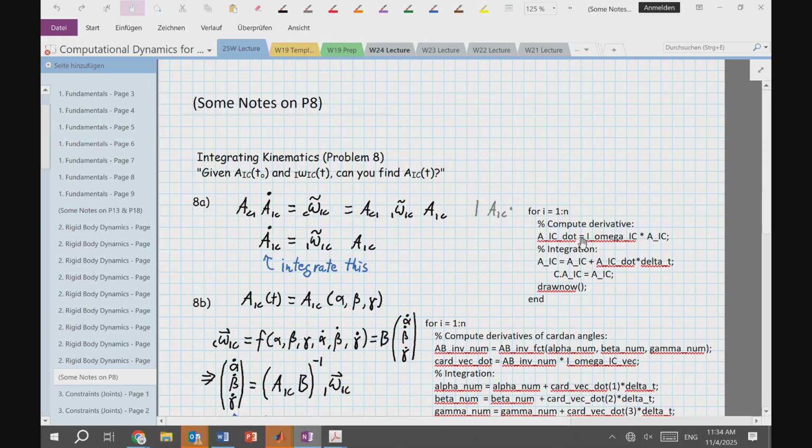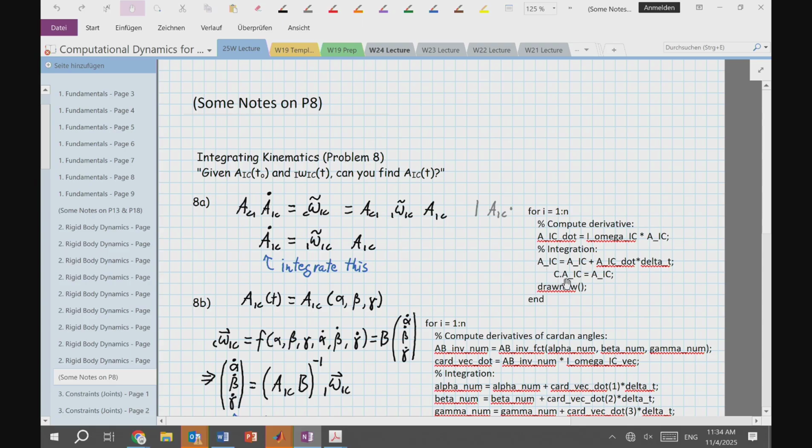This is how you should never do an integration. Compute the derivative, and then you do an update. AIC is AIC plus AIC dot times delta t. That's a stupid Euler forward integration. We did this here to prove a point. And that's our integration.